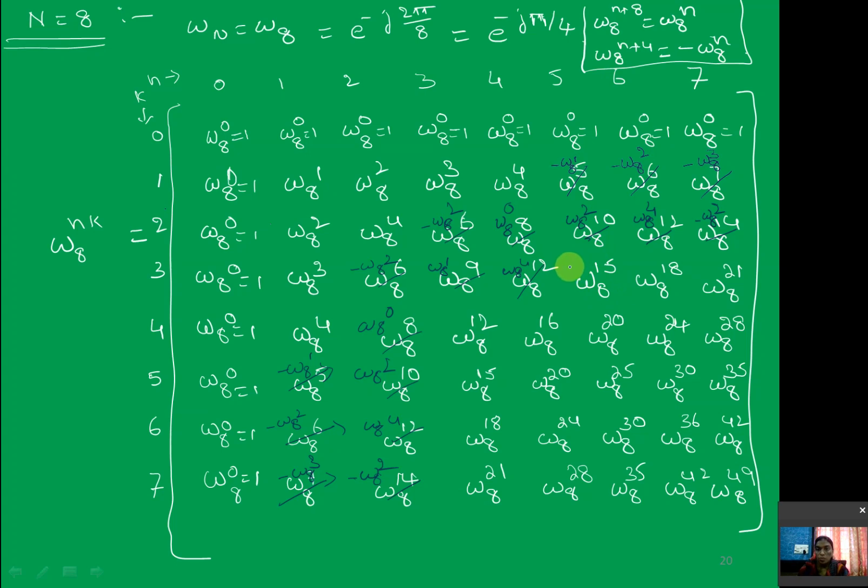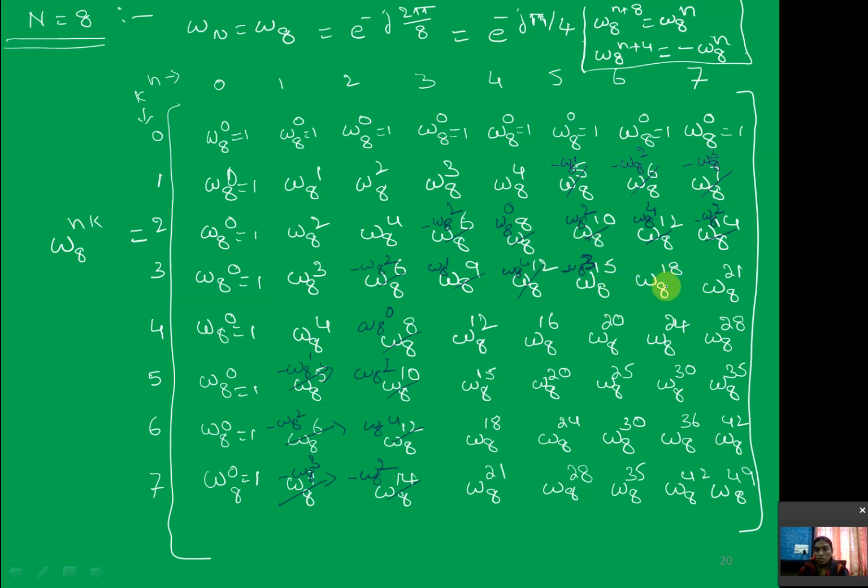What is the W8 power 7? W8 power 7 is nothing but minus W8 power 3, right? That's why it is minus W8 power 3. Am I correct? W8 power 15 is 7 plus 8. W8 power 7 plus 8 is W8 power 7. W8 power 7 is minus W8 power 3.